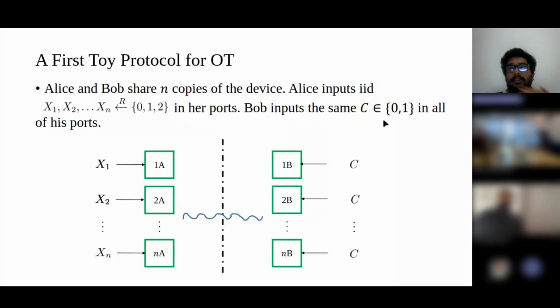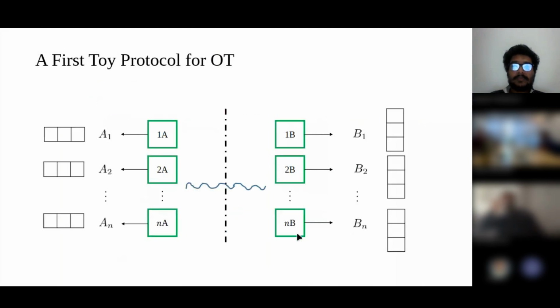But Bob, who remember has only a choice bit c, which is between 0 and 1, is going to input the same choice bit in each one of his ports. Okay. Now, once they have sent in these inputs, Alice gets her outputs, the rows, and Bob gets his outputs, the columns.